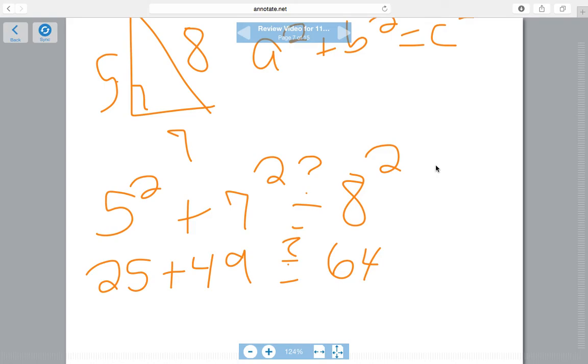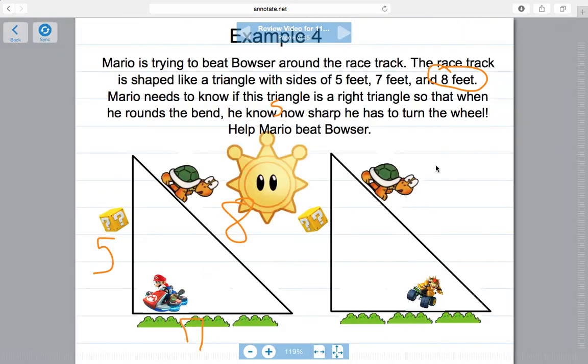Now 25 plus 49 actually equals 74, so therefore that does not equal 64, so sorry Mario, but that is not a right triangle.